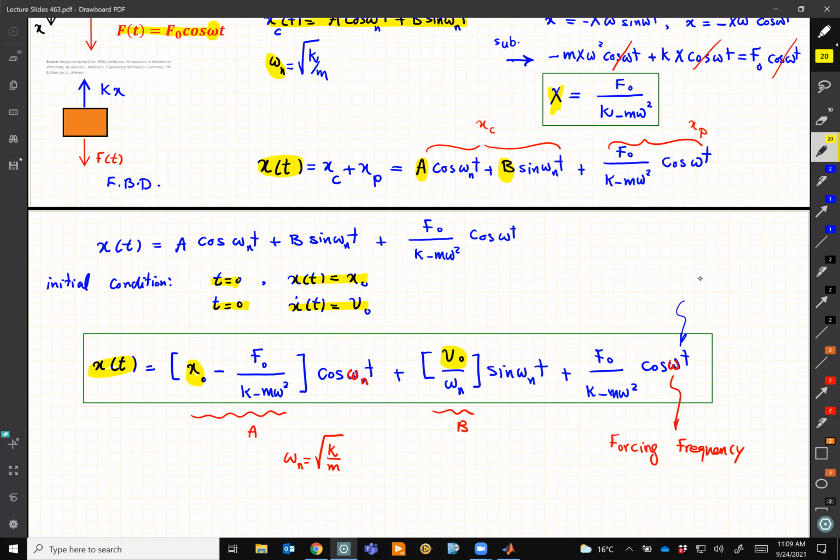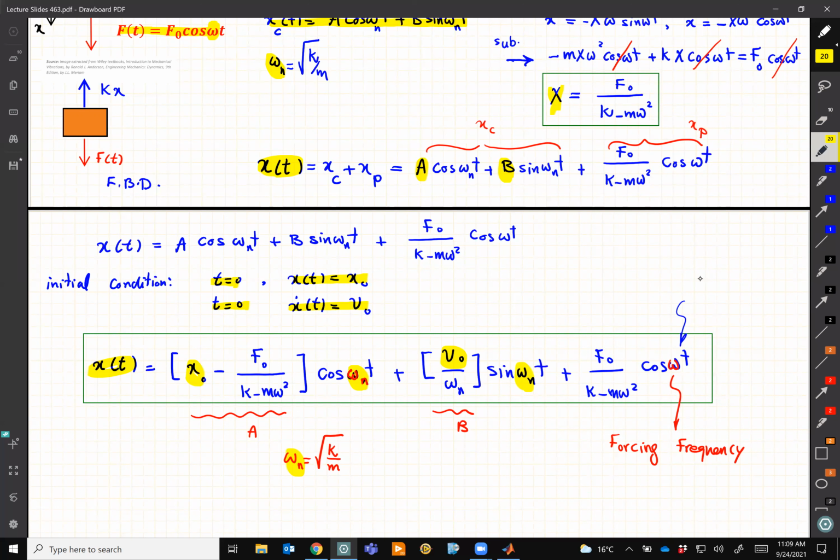And something that I wanted your attention to was that you can look at this answer as two waves adding together. One is a wave which has a frequency of omega n, right? That frequency omega n depends on the natural frequency of the system, or the characteristics of the system, like stiffness and mass.